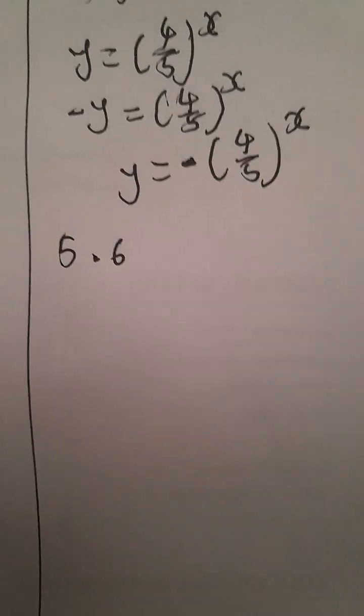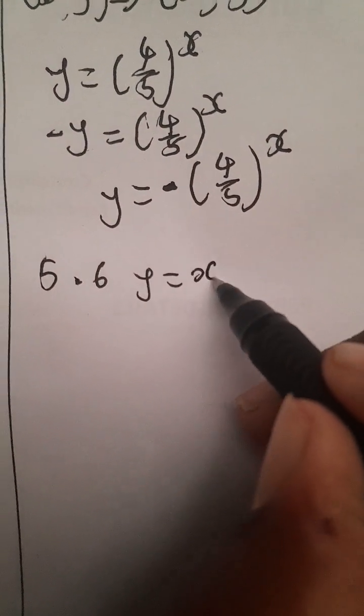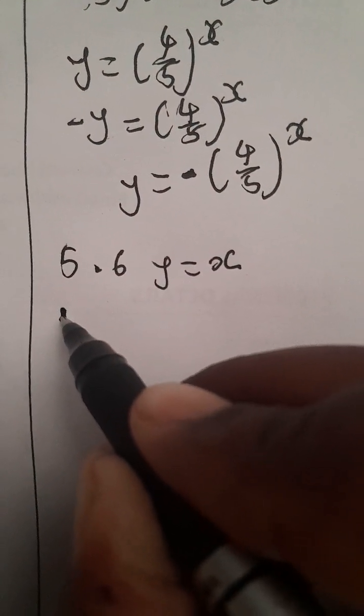So we know that in order to obtain the graph of the inverse, we use the reflection about the line y is equal to x, where you swap the variables. It's a reflection about the line y is equal to x, right?